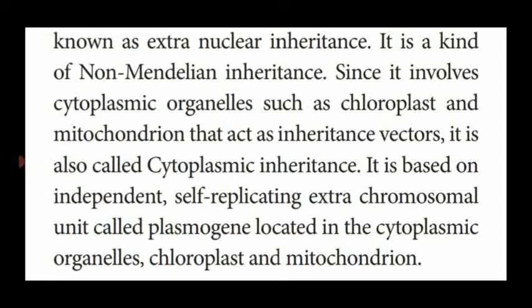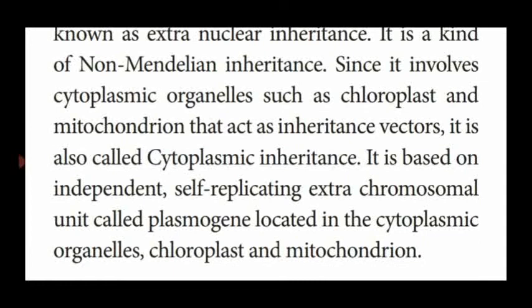The inheritance which takes place through either the chloroplast or mitochondrial gene is known as extranuclear inheritance. That means other than the nucleus, the inheritance takes place in chloroplast and mitochondria. Another question: the cell organelles present in the cytoplasm such as chloroplast and mitochondria involved in the inheritance process is named cytoplasmic inheritance.